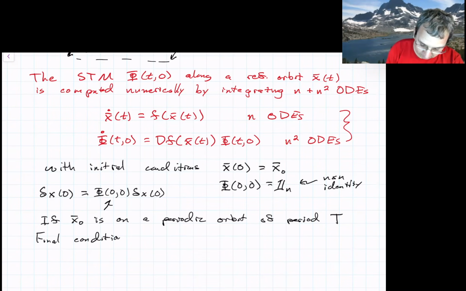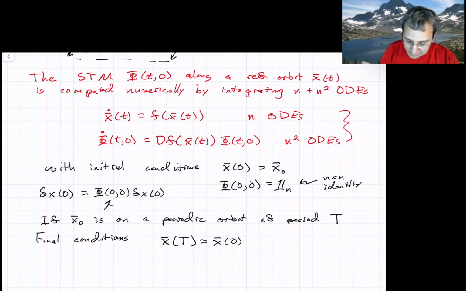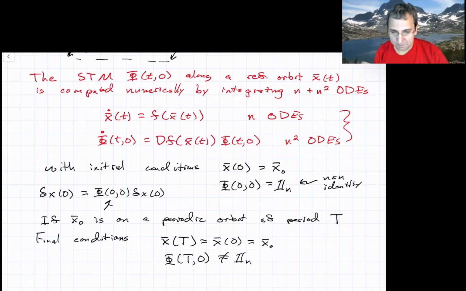If we're really on a periodic orbit, then x bar at T will be the same as x bar at time 0. So that would be the same as the initial condition. But phi of capital T, 0 does not equal the n by n identity. It's something else, and we call that something else the monodromy matrix. It's often represented by M.